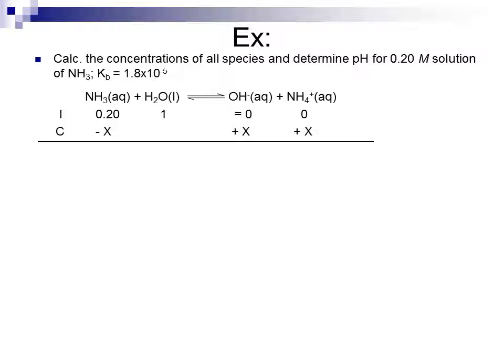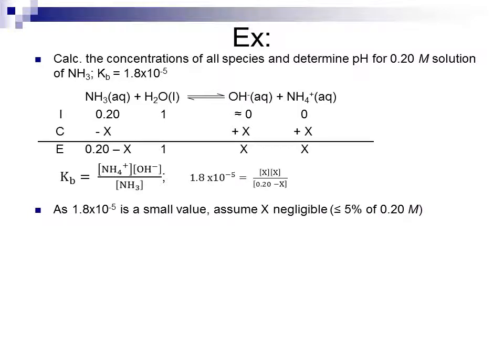Change will be minus x for the ammonia and plus x for the hydroxide and the ammonium. The overall equilibrium then will be 0.2 minus x for ammonia and x for hydroxide and ammonium, same as it's been the whole time. Plugging this into our Kb expression, 1.8 times 10 to the minus 5 is equal to x times x divided by 0.2 minus x.